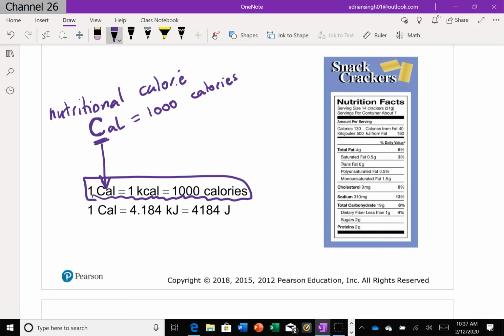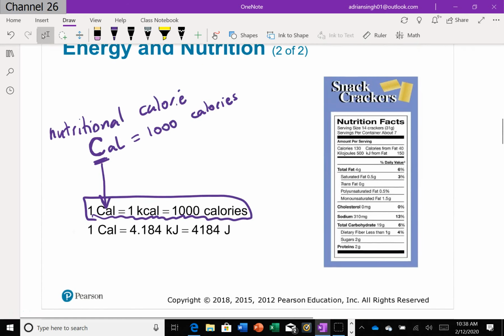And that would be 4,184 joules or 4.184 kilojoules. So that's one thing to keep in mind, because oftentimes you just see calorie and you think it's a regular one. Well, in what environment are we looking at? Is it in terms of nutrition or is it in terms of other things?